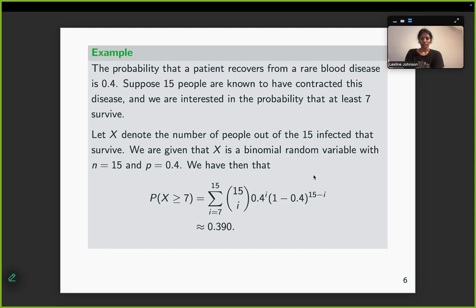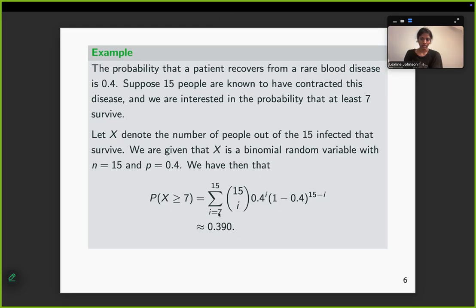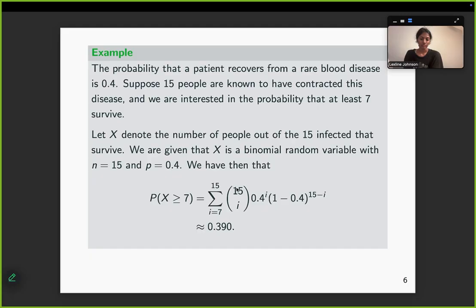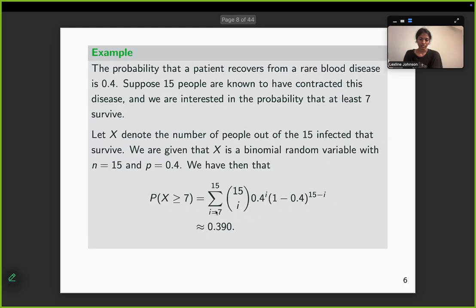And so we can calculate our probability using the formula given over here for each value. We can use a summation for each value of x, and then we can just plug it in. Here we have n equals 15, so we can put in our 15, and our x goes from 7 to 15, so we have our summation from i equals 7 to 15.